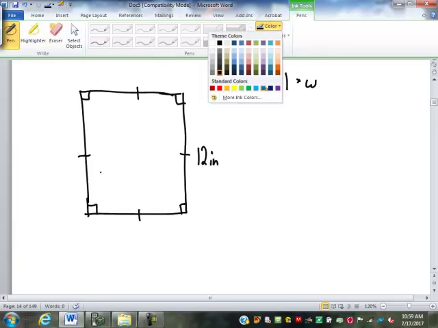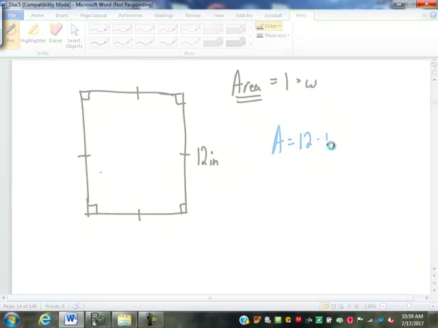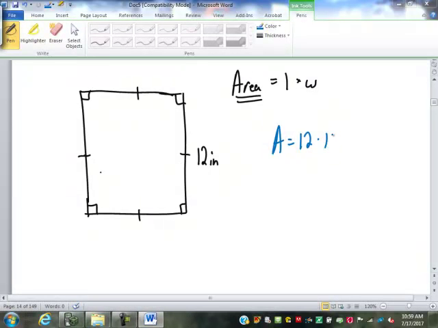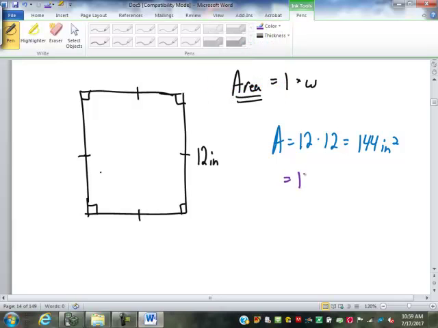So if I label the one side 12 inches, how am I going to find the area? Well, I could do 12 times 12, which is 144, and of course that's inches squared, or square inches. But I could just do 12 to the second power, 12 squared. That's where that language of saying that the second power is squared comes from, because it comes from a square.